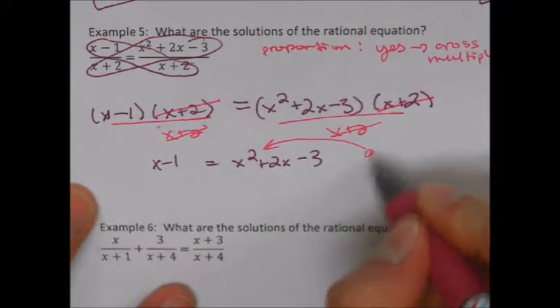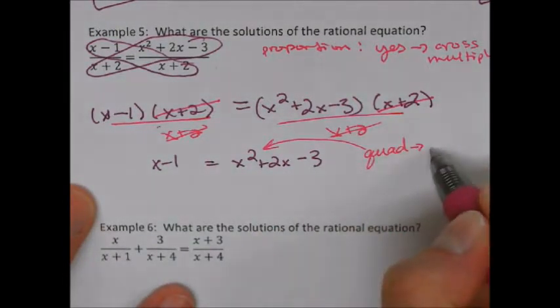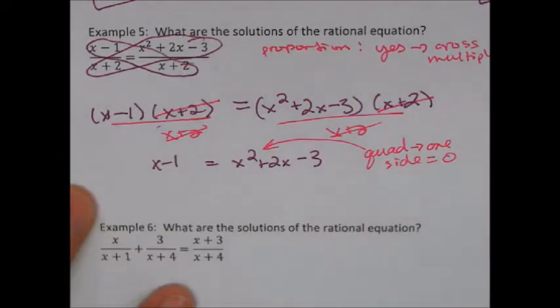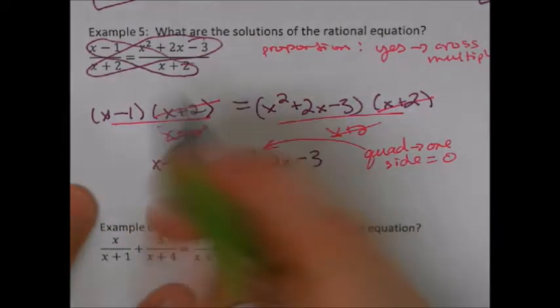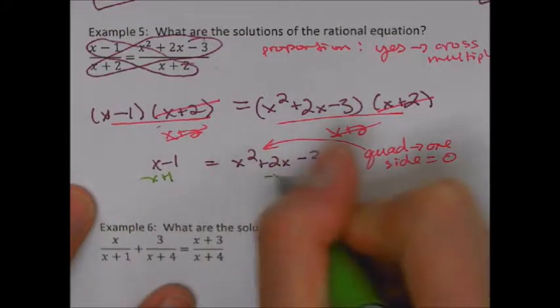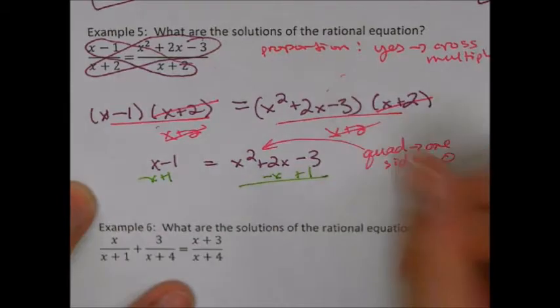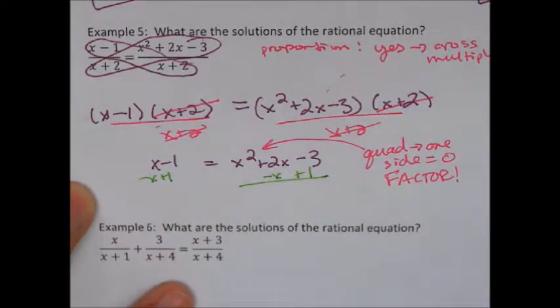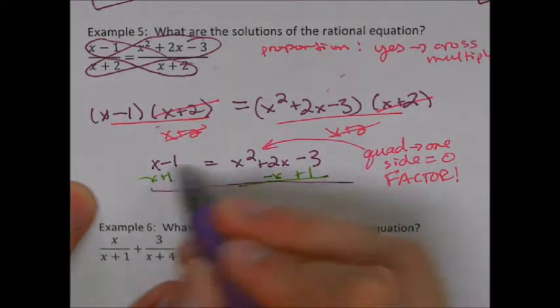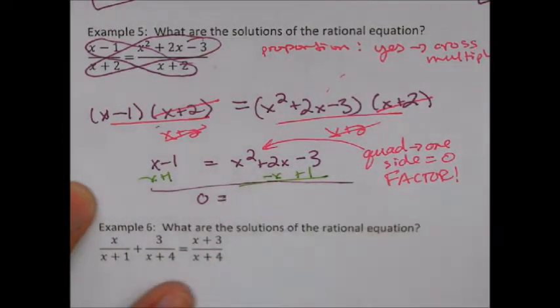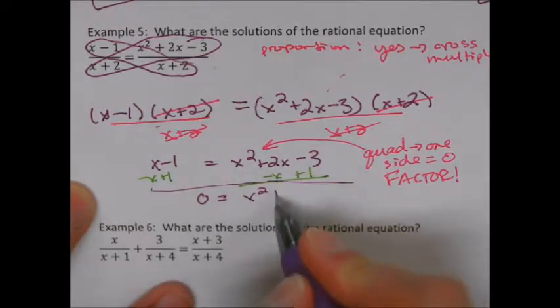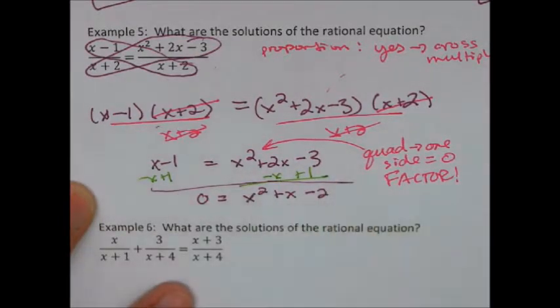When I'm a quadratic, get one side set equal to 0. We're going to minus x plus 1, because our whole goal is to factor. So I have 0 equals x squared plus x minus 2.